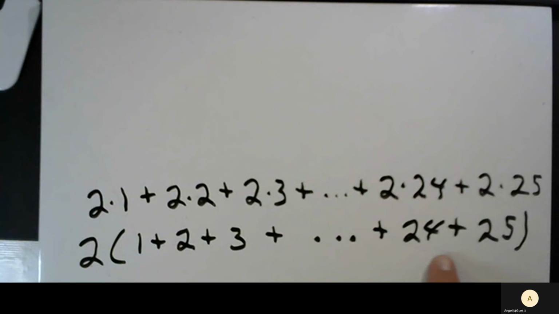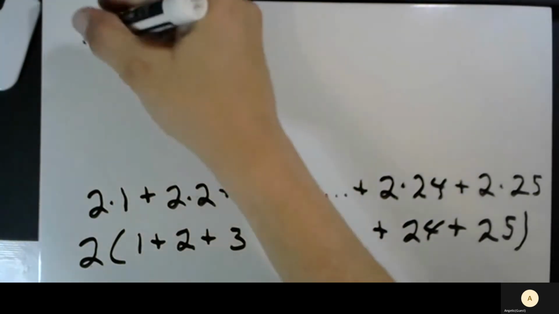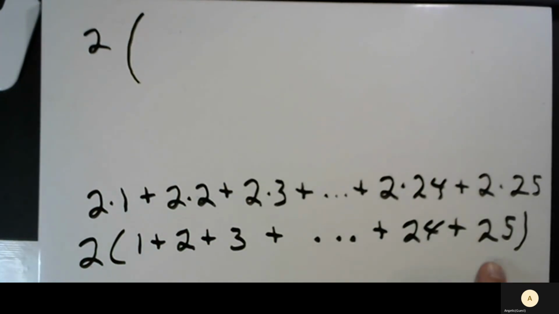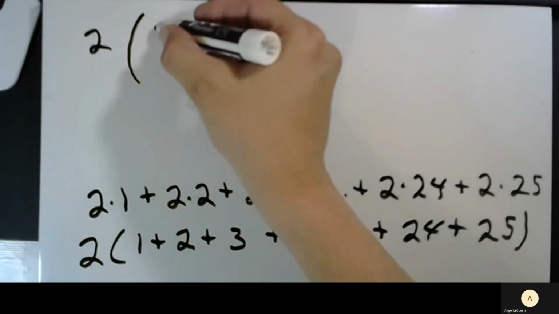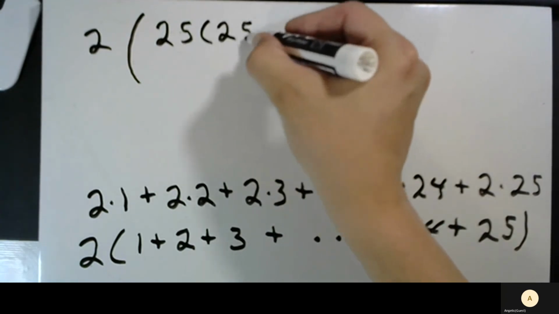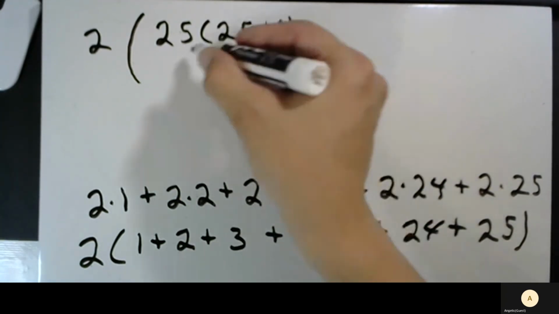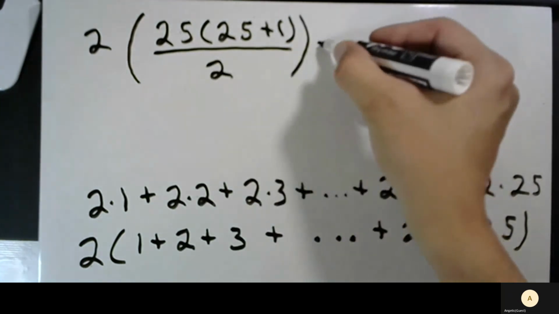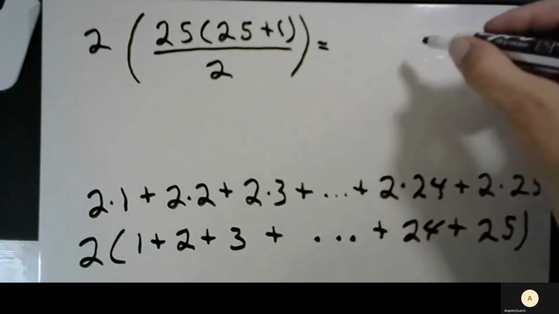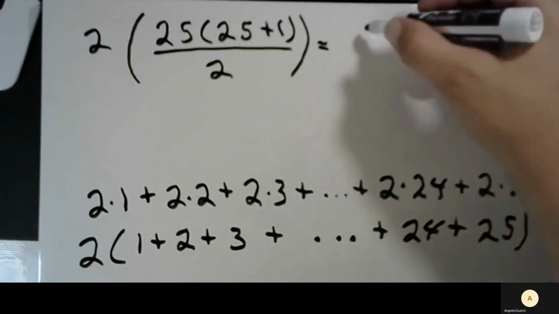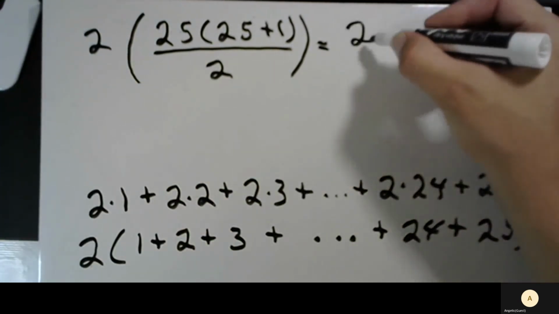Now we can use the formula on the sum that's in the parentheses. So in this case, n is going to be 25. So you have 25 times 25 plus 1 over 2. And these 2's, you could say they cancel, but if you don't see that they're going to cancel, that's all right.